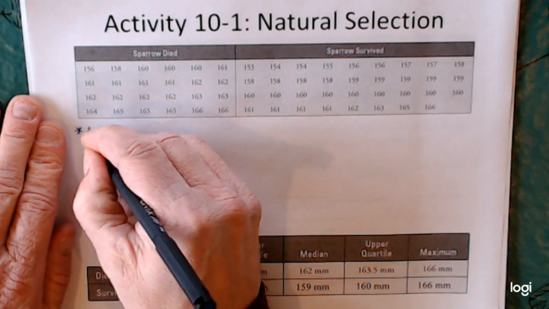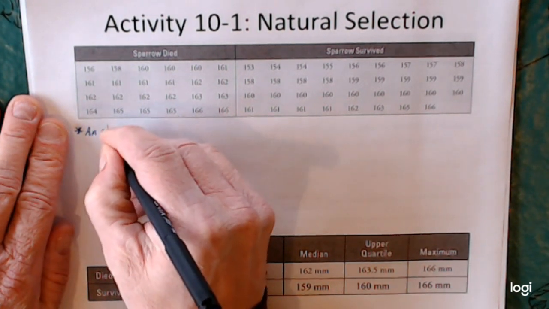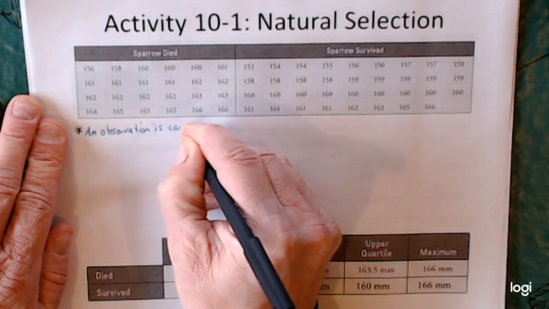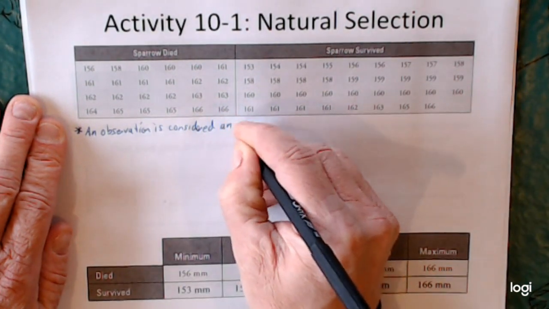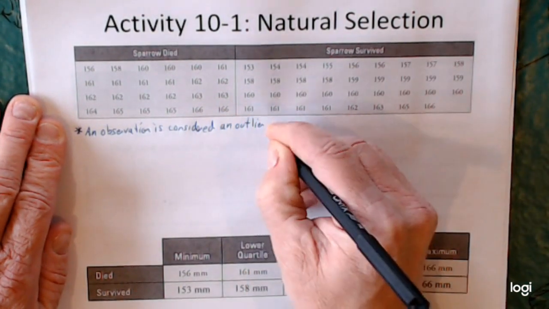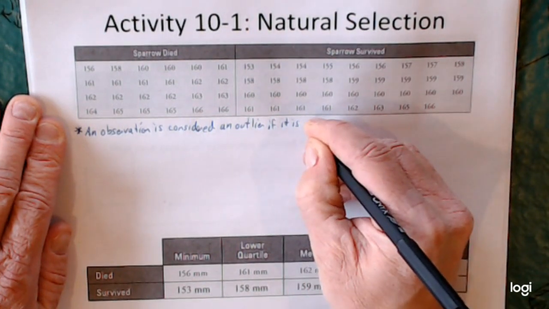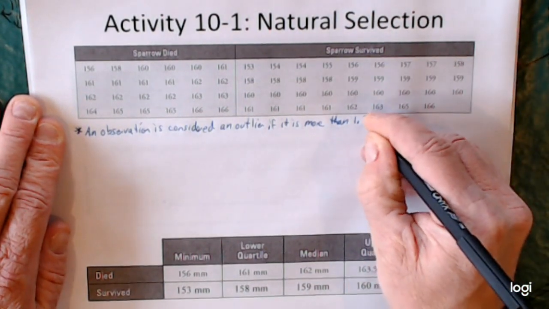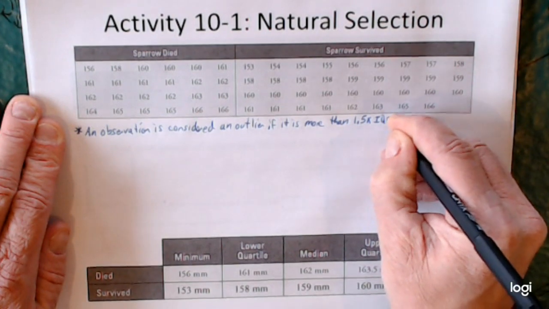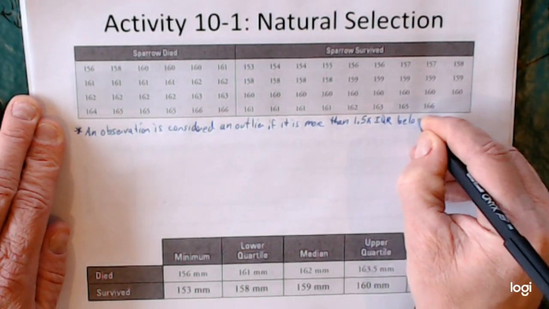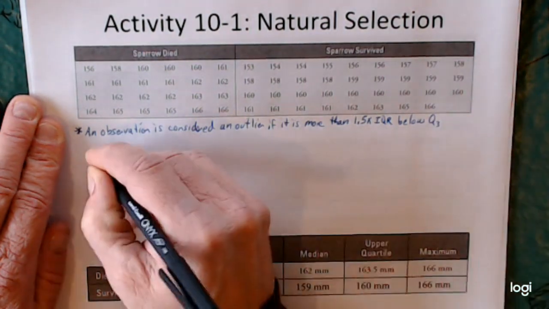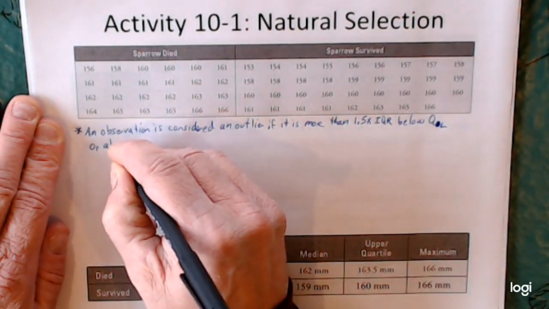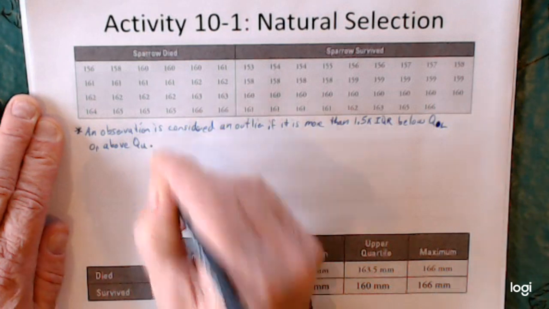An observation is considered an outlier if it is more than 1.5 times the interquartile range below Q1, or QL, or above Q3, or QU.